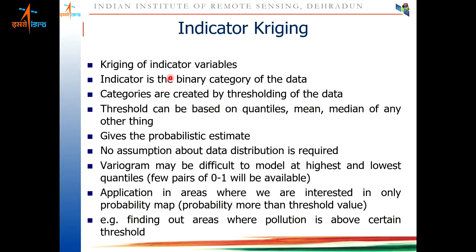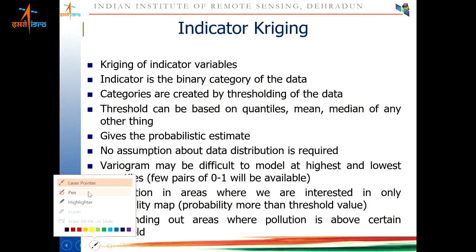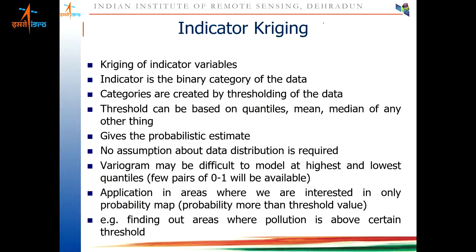So, basically, here categories need to be created if they are not present. Categories can be created by applying a threshold value. How can a threshold value be applied? Simple, if x is your measured value, then if x is greater than some threshold t, the indicator value will be 1.